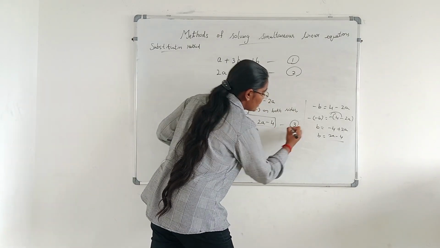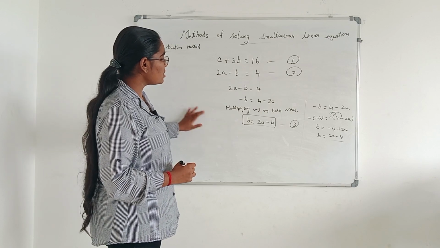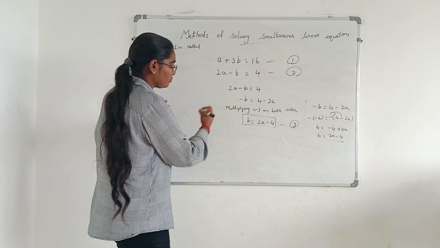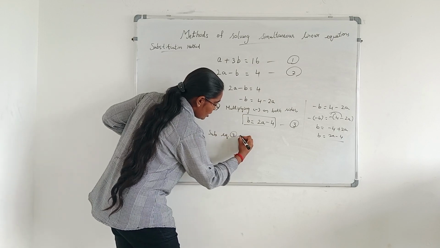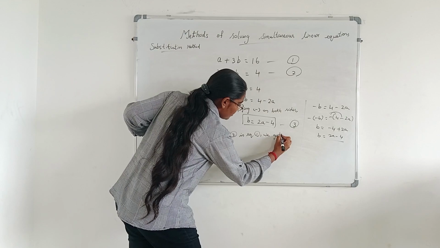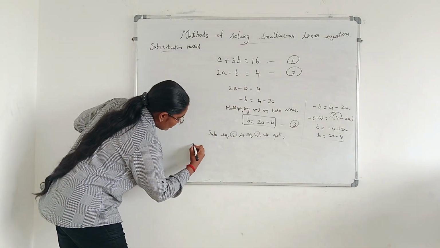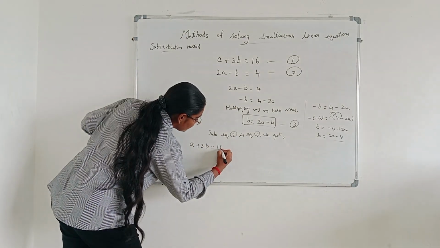Now let us consider this as equation 3. Now substitute equation 3 in 1. Substituting equation 3 in equation 1, what will you get? a plus 3b equal to 16. Right?